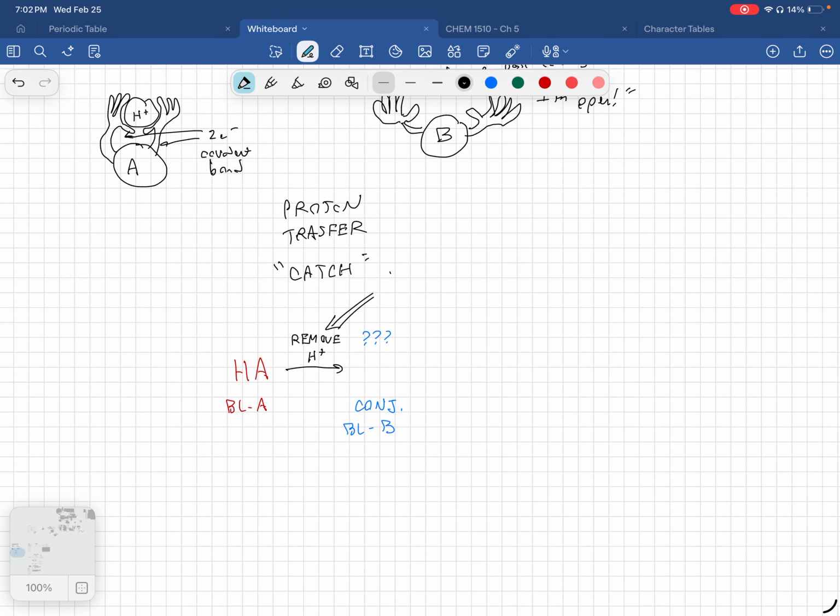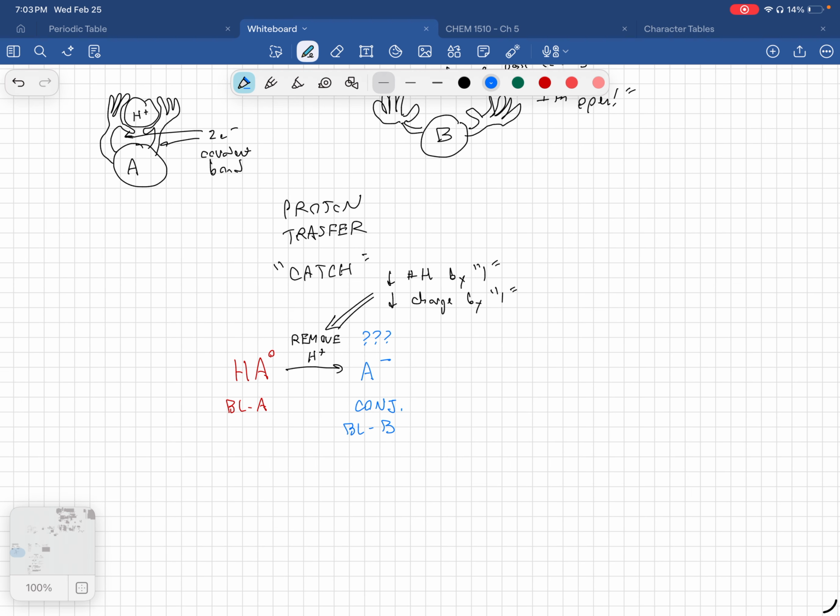Now note what that does. Removing an H+ decreases the number of hydrogen atoms by 1 and decreases the charge by 1. So if we take HA, which is neutral, and we remove the proton from it, we're left with A-.